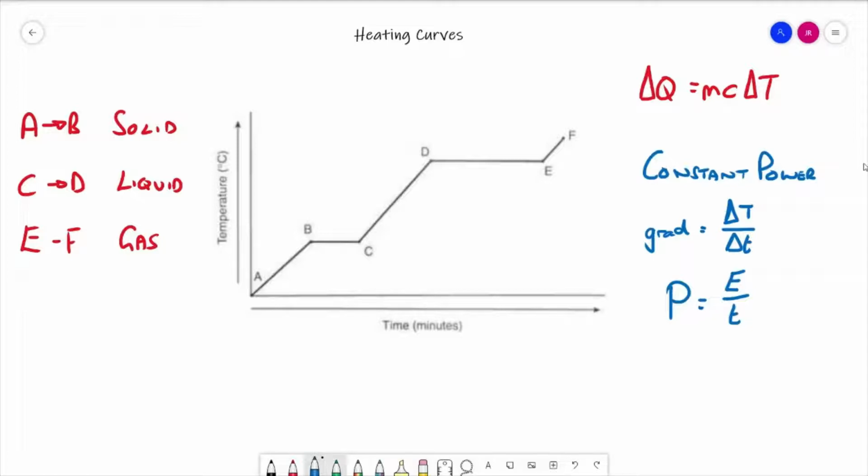If we take the specific heat capacity equation then, so delta Q is equal to mc delta T, what I'm going to do is divide both sides of this equation by time.